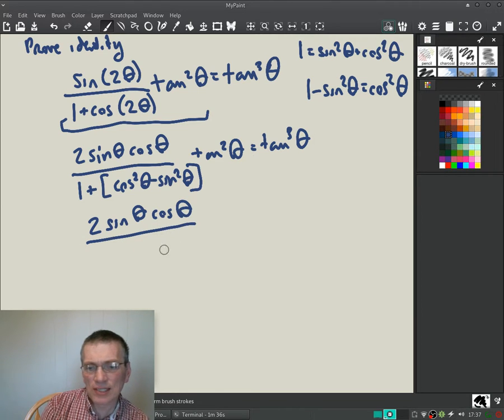Should I write it out as a step? Sure, I'll write it out as a step. Let's see, 1 minus sine squared theta. This part here becomes a cosine squared theta, and then we still have a cosine squared theta left.